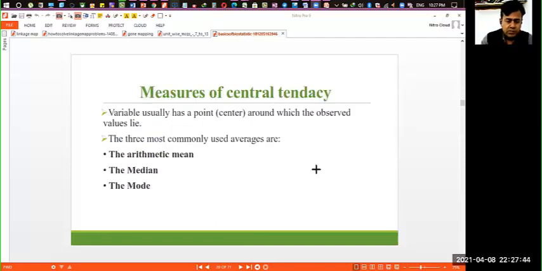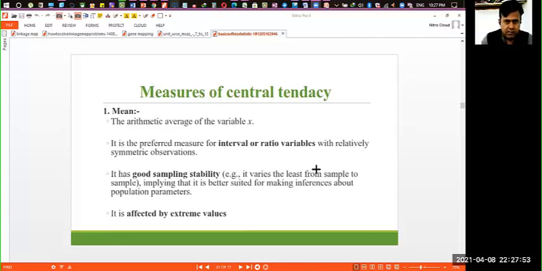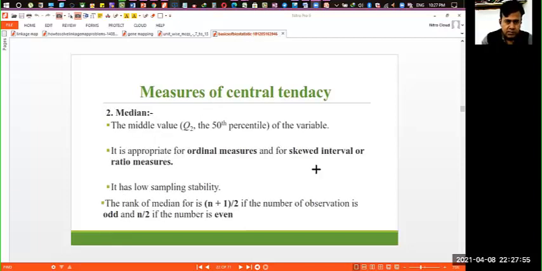And how can you measure the central tendency? You can measure the central tendency by arithmetic mean, mode, and median. Mean is the average. Everyone knows how to calculate it. And median is the middle value, depending on whether the data is odd or even. The rank for the median you can calculate by (n+1)/2 if the number of observations is odd.